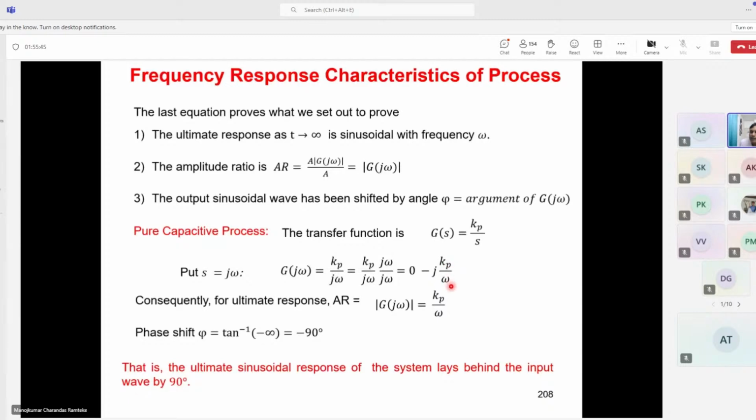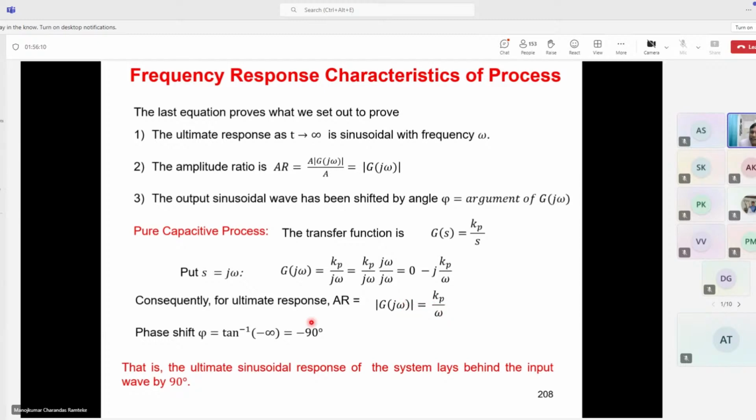Do you all agree? So what will be the amplitude ratio? The amplitude ratio will be the magnitude of G of j omega, which is the square root of the square of the real part plus the square of the imaginary part. The square of the real part is 0. The square of the imaginary part is Kp square by omega square, and we take the root of that. So the magnitude of G of j omega is Kp by omega.